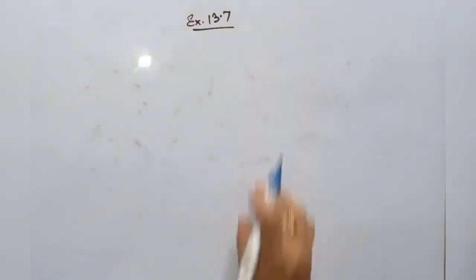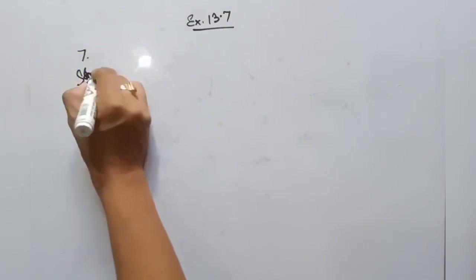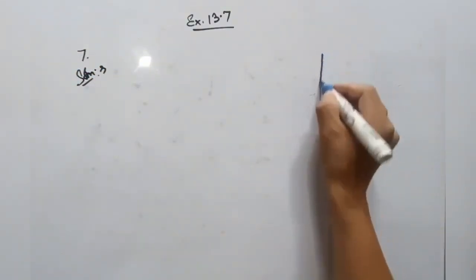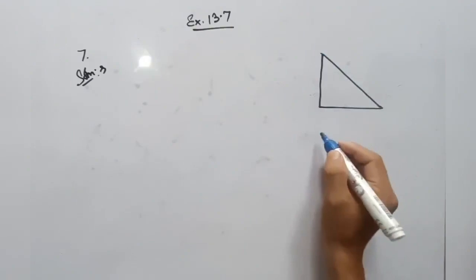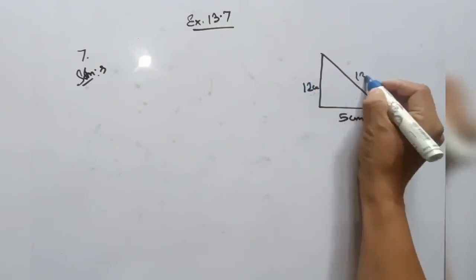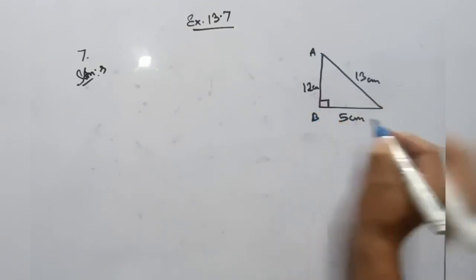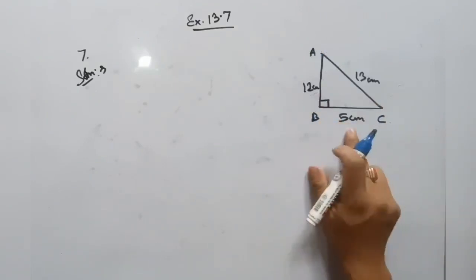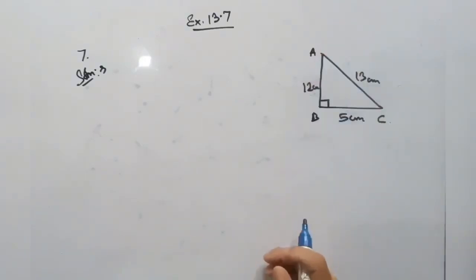So exercise 13.7, question number 7, solution. In the question, it is given that a right triangle ABC has sides of 5 cm, 12 cm and 13 cm. This is the triangle ABC in which the sides are 5 cm, 12 cm and 13 cm. And this triangle is revolved about the side 12 cm, and we are to find the volume of the solid so obtained.